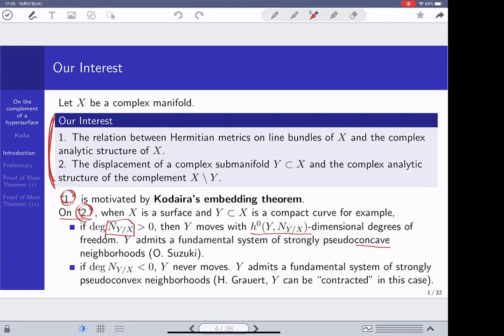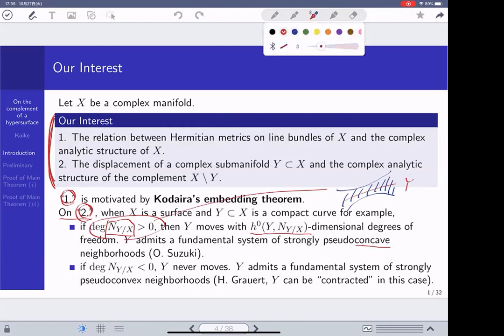So the situation is like this. When the normal bundle is positive, here is Y, and the neighborhoods are, in some sense, concave. So the complements should be convex.